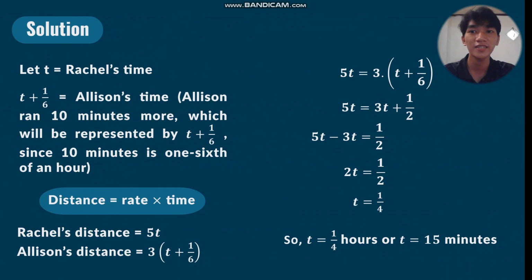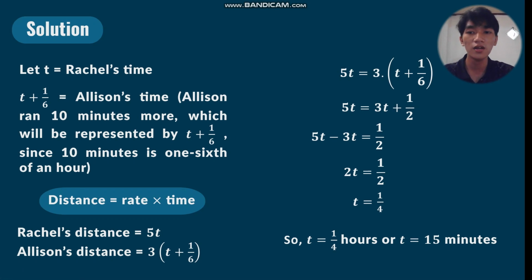For the solution, we let t be Rachel's time, and t plus 1 over 6 is Alison's time, because Alison ran 10 minutes more, which is represented by t plus 1 over 6, since 10 minutes is 1/6 of an hour.